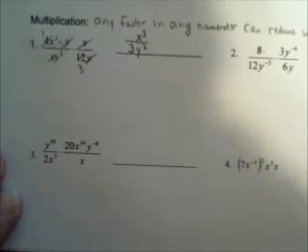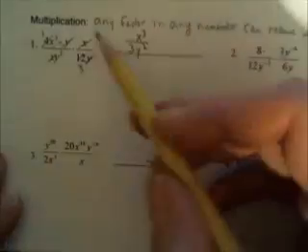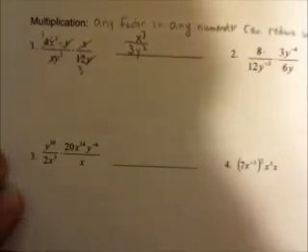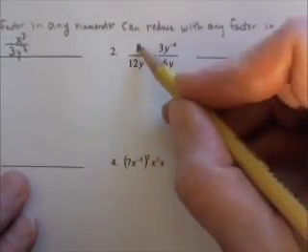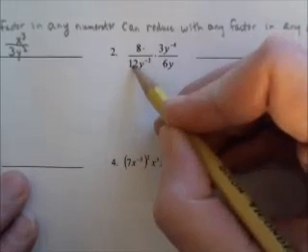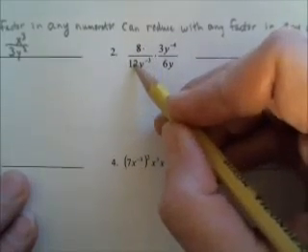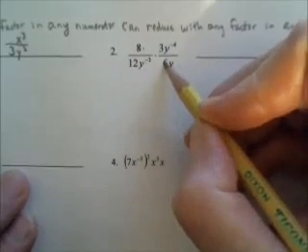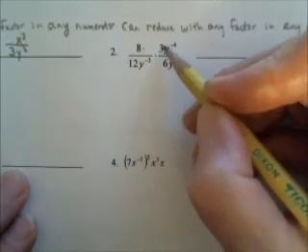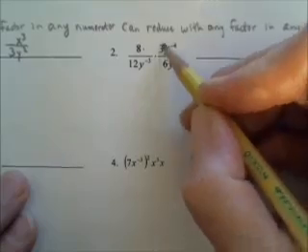So like I said, that's one of many, many different ways we can reduce, but I think that's probably the easiest way. In the second example, I see an 8 in the numerator and a 12 in this denominator, which could reduce if I wanted to, or if I wanted to reduce the 8 over 6, I could do it that way, or if I wanted to reduce the 3 over 6, or the 3 over 12.